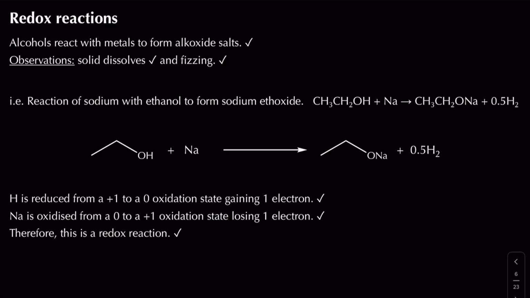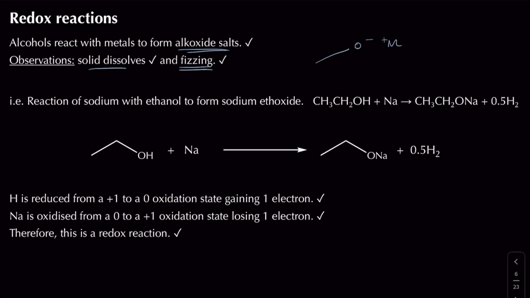Our alcohols react with metals to form alkoxide salts, and alkoxide is basically when you've got an alcohol, you've removed the hydrogen from there and you're left with a negative charge, followed by, of course, a counter ion, which could be any metal plus ion itself. So our observations are just the same. We see our solid dissolving, and then we see fizzing from the hydrogen gas produced as well.